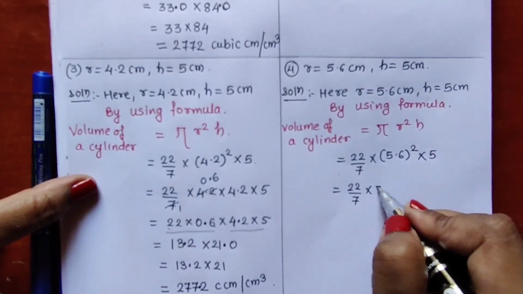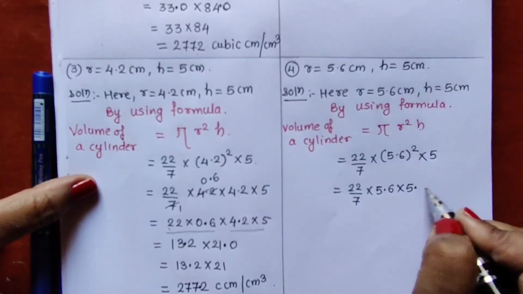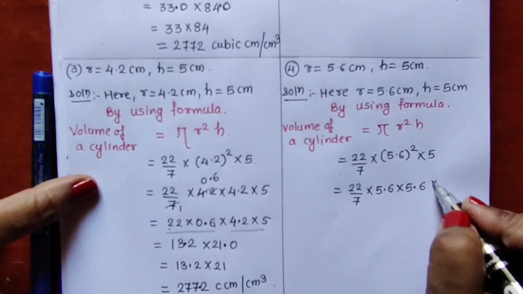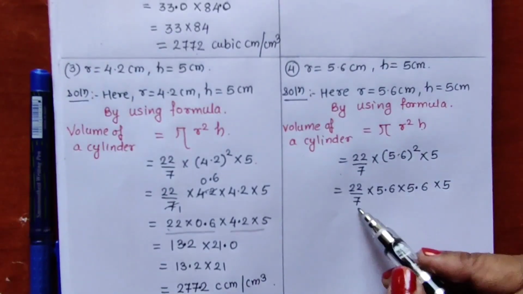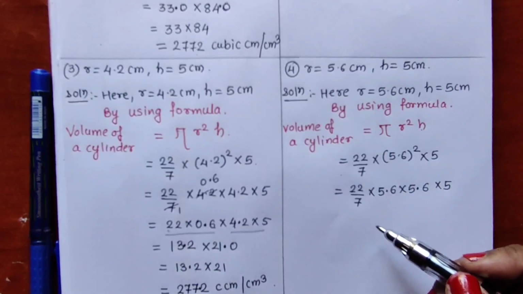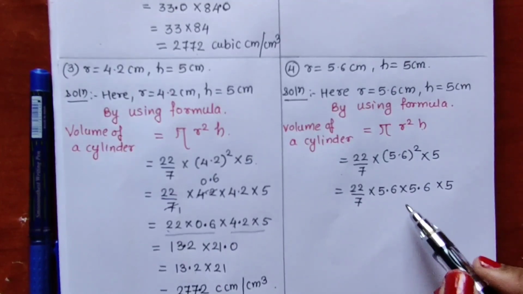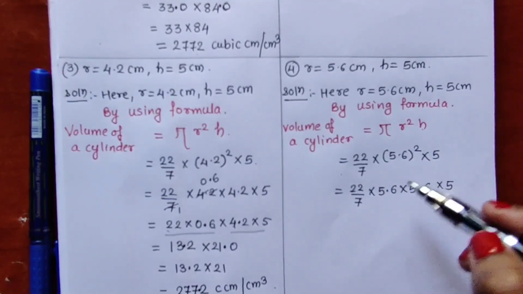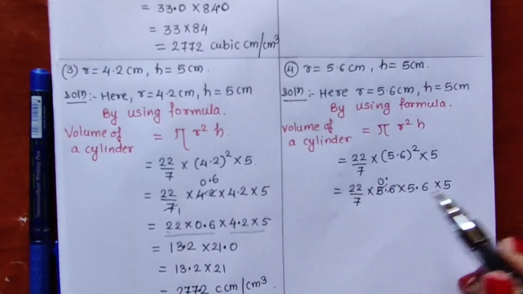Multiply by 5.6 square, which can be written as 5.6 multiply by 5.6, and this multiply by 5 as it is we are going to write. Now this 5.6 is there in the table of 7, correct? 7 9s are 56, 7 7s are 49, 7 8s are 56. But 5 is smaller than 7, so we should write 0 first, then put the point.